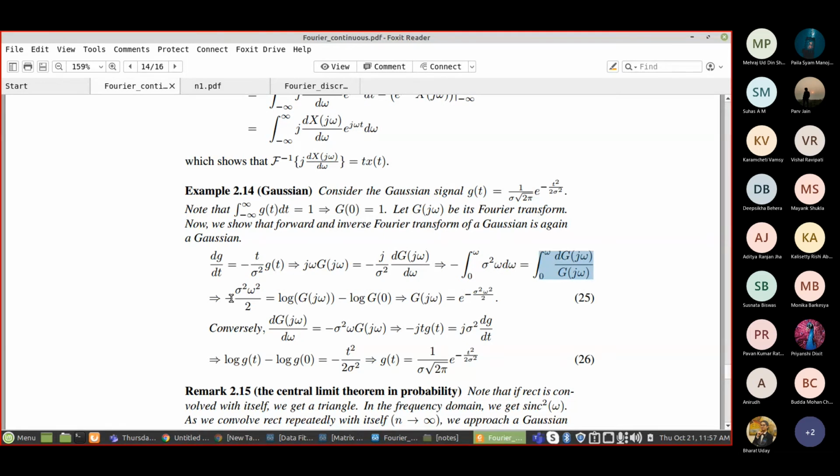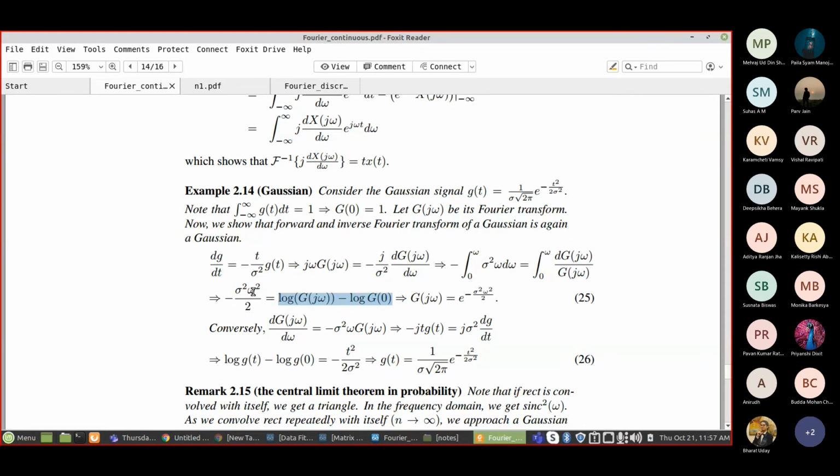On the right hand side we have this. Log of G(0) is just the area under the curve in the time domain, which is 1, so log of that is 0. So G(j omega) is obtained by exponentiating this, taking anti-logs on both sides.